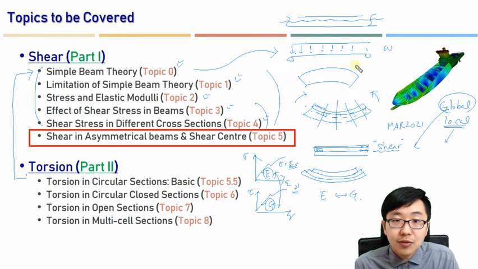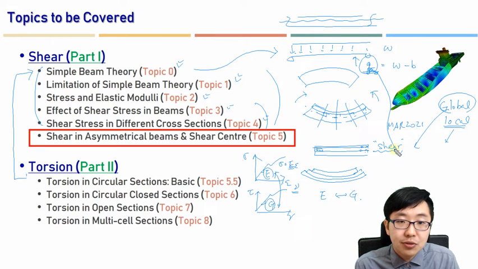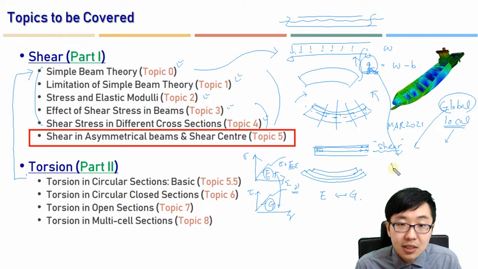At the same time, we have the buoyancy forces, so weight minus buoyancy was considered as the distributed load. Once we define the distributed load, we integrate it along the length of the beam or the length of the ship, and then we get the shear force.